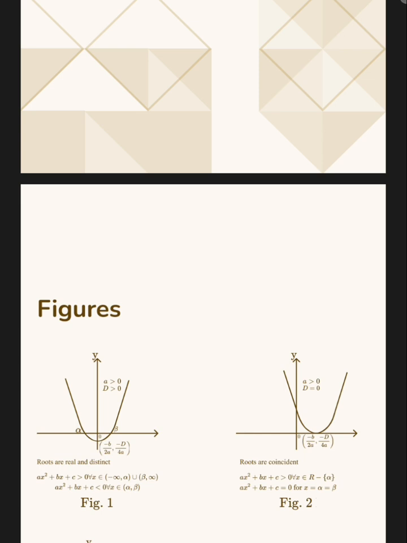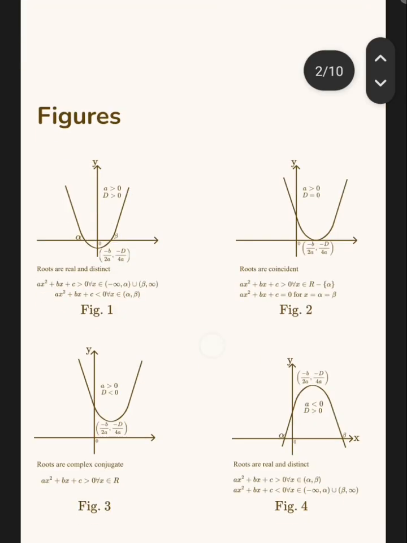So if a is greater than 0, then three cases arise. We will find the discriminant, that is b square minus 4ac. The discriminant may be greater than 0, equal to 0, or less than 0.